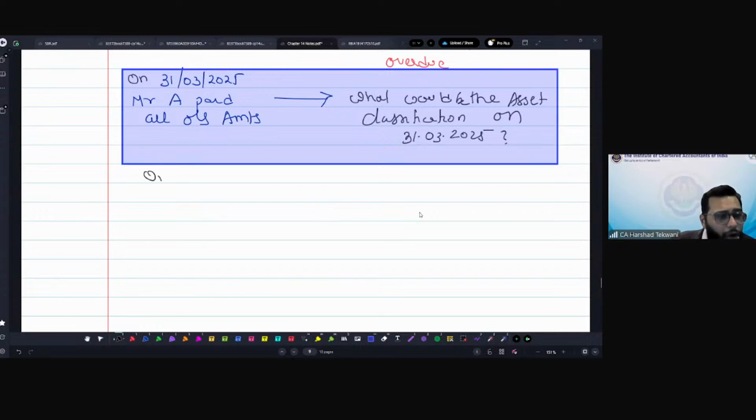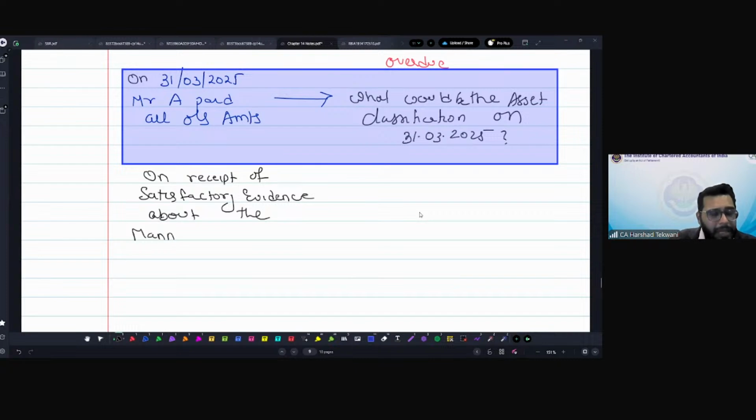Means on receipt of satisfactory evidence about the manner, like how it has been regularized, the manner of regularization, the account can be classified as standard.